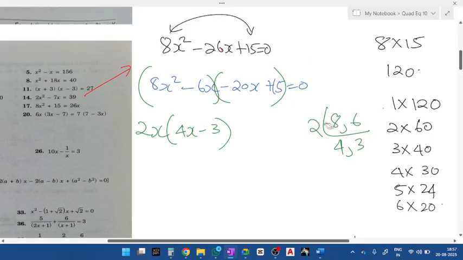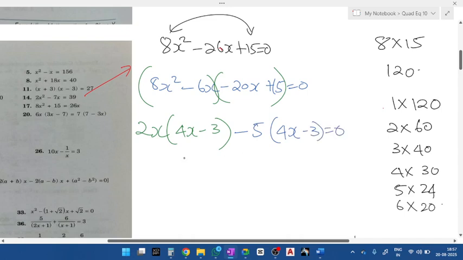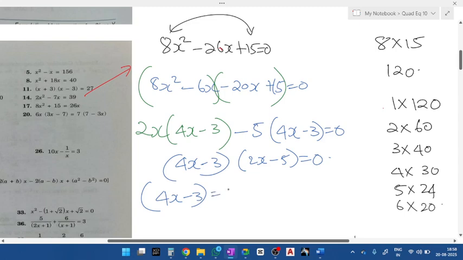Okay, next one. What's the first sign we have? What's the first sign? Minus. Next. Very good. Next. Is equals to 0. Next. Correct, correct.